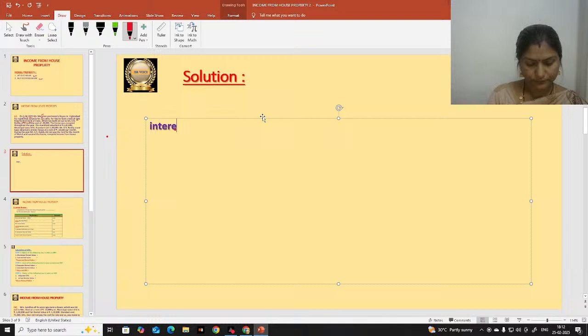Interest on loan, how much actually? That is 10% on 23 lakhs. I am calculating directly. 23 lakhs is the loan amount.